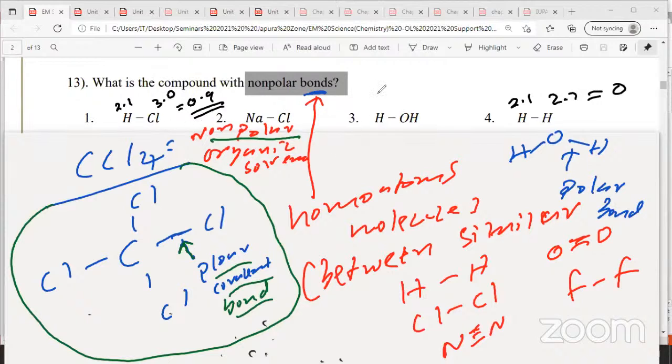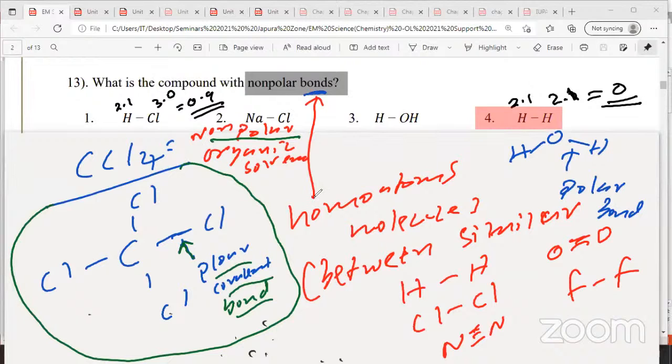Please write, everyone: if the electronegativity difference is 0, then it is a non-polar bond. The answer is the fourth one. If the electronegativity difference is more than 0, it is a polar bond. That is the other method. The short method: similar atoms, non-polar; different atoms, polar bond.